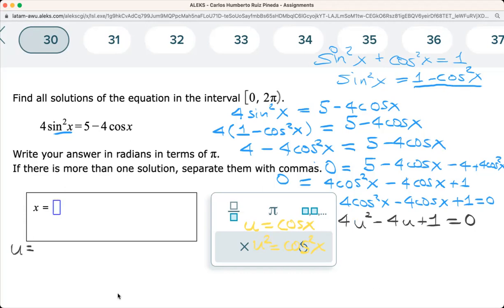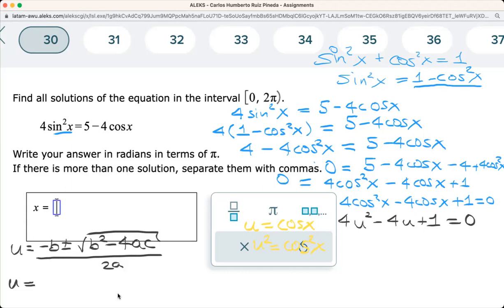u is equal to negative b plus or minus the square root of b squared minus 4ac, divided by 2a. You notice that b is the coefficient of u, a is the coefficient of the quadratic term, and the number itself is the letter c.